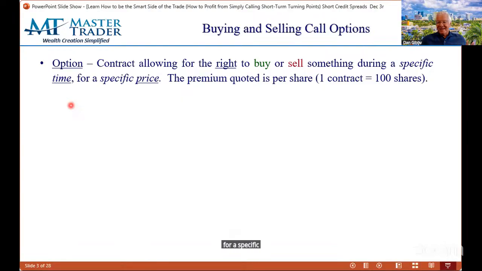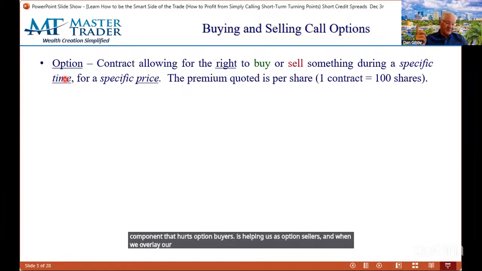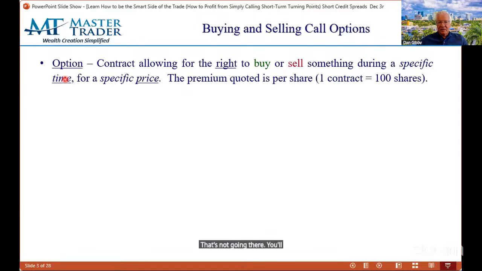So these are time wasting assets. And that's why when we're selling these options, we're flipping that time decay component that hurts option buyers is helping us as option sellers. And when we overlay our technical approach, saying that's not going there, that's not going there, you'll see why we love this strategy today.